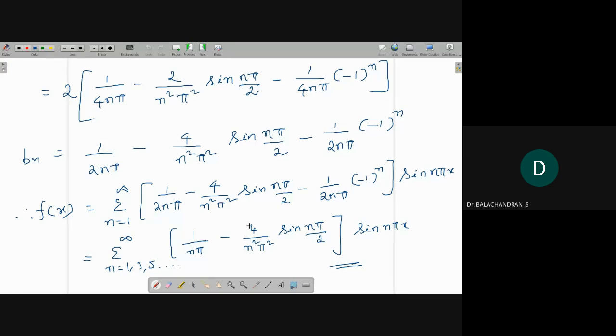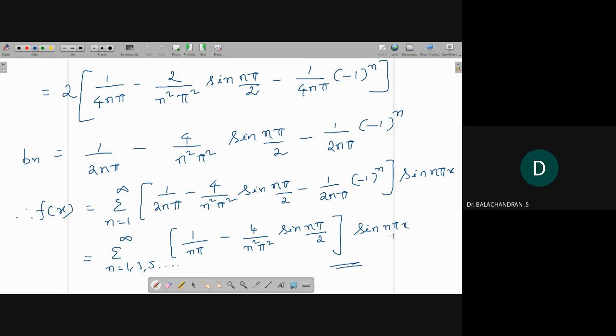Okay, so I'll keep this as 4, because I have 4 only here. The final answer is, you should replace n, n equal to 1 to infinity, 1 by 2n minus 1 into pi minus 4 times sine of 2n minus 1 into pi by 2, divided by 2n minus 1 whole square into pi square, into sine of 2n minus 1 into pi x.